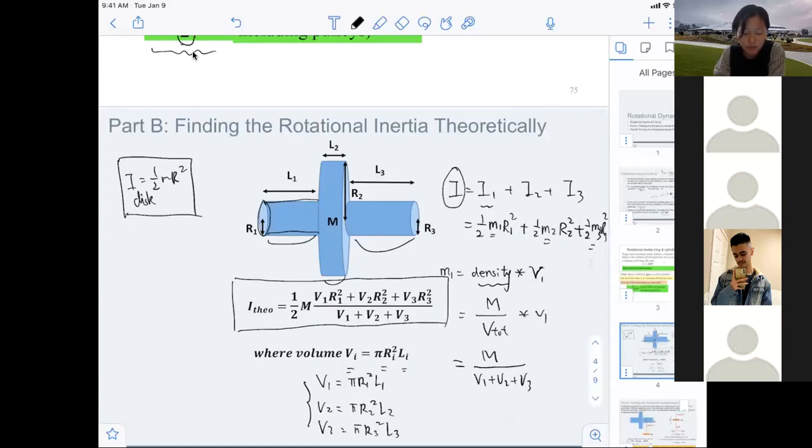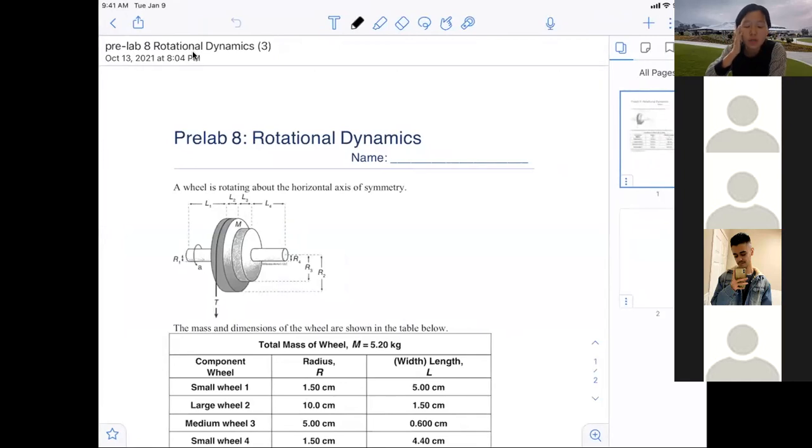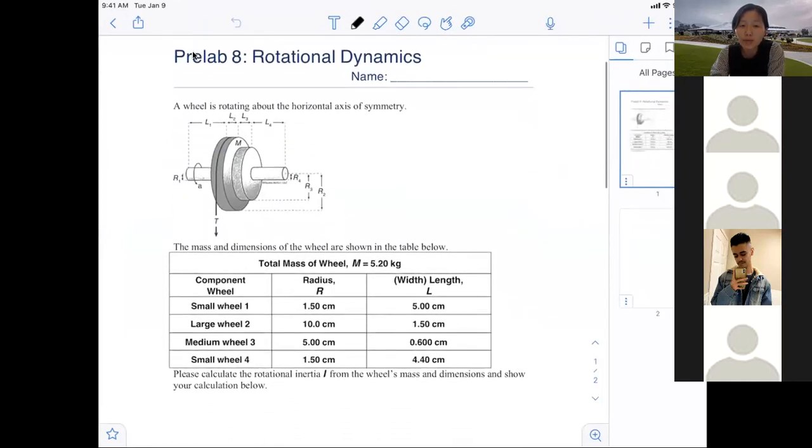The three-part wheel is 1/2 total mass, times volume 1 R1 squared plus volume 2 R2 squared plus volume 3 R3 squared, divided by the total volume of all of them added together. So that's simply derived from this derivation. Okay, so if you plug in M1 and you plug in M2, just like how we did, you will get this formula. This is pretty much all the same as how you would do the pre-lab. In the pre-lab, instead of a 3-part wheel, you have a 4-part wheel, but the math is very much the same.